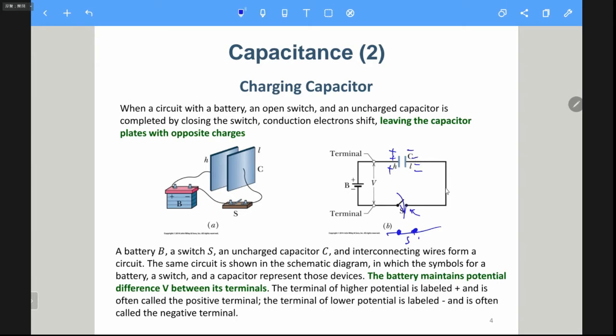This is plus Q, and this is negative Q on the right plate. And it will satisfy Q equals CV.